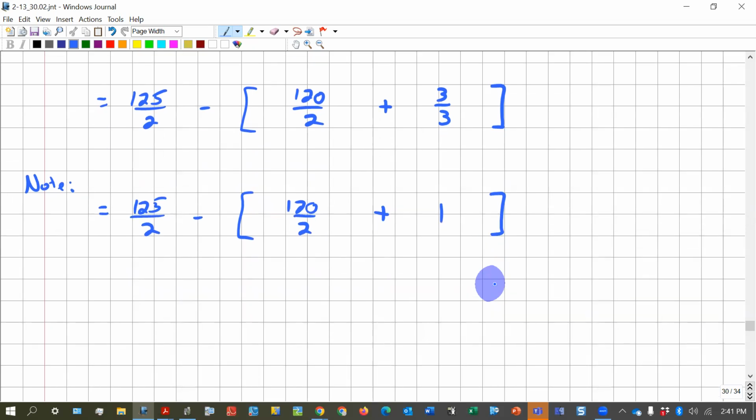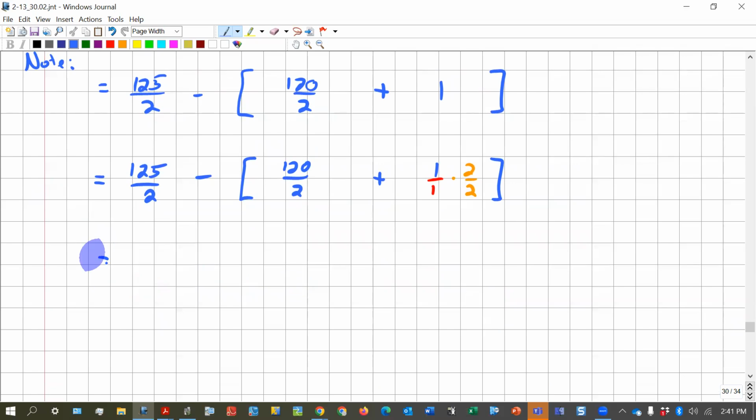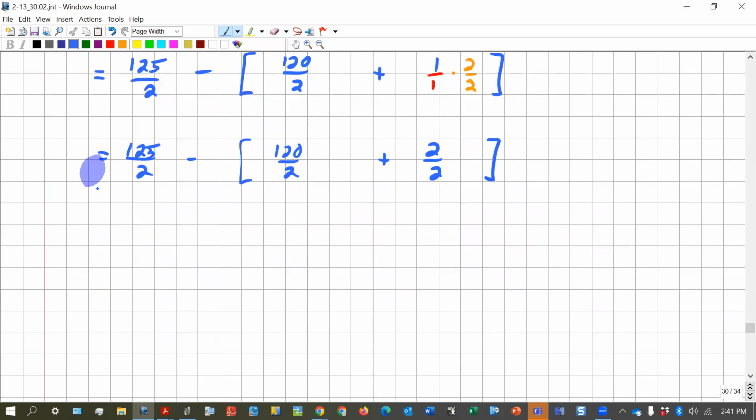And if I were to do that first, then my common denominator for all three of my fractions would just be 2 instead of 6. So I would have had 125 halves minus 122 halves would be 3 halves. The final answer is the same, 3 halves.